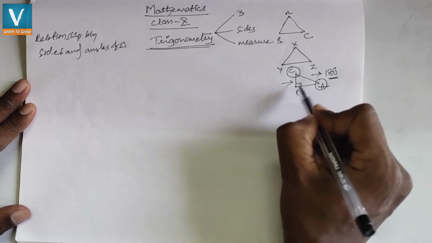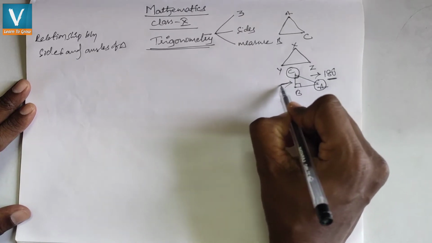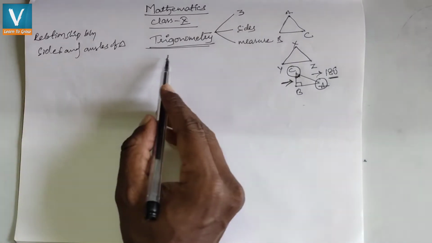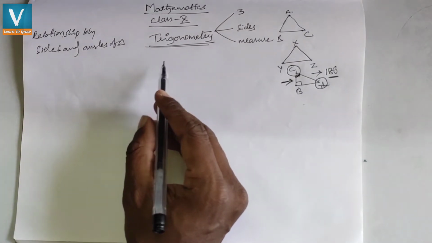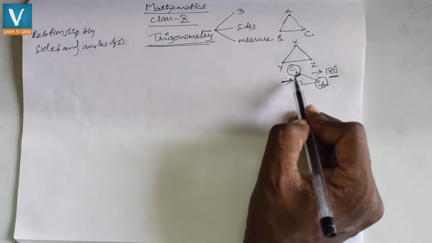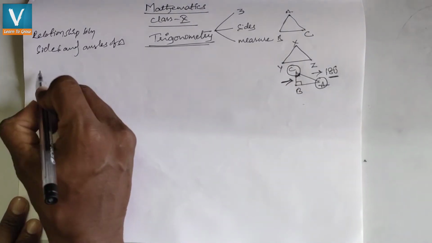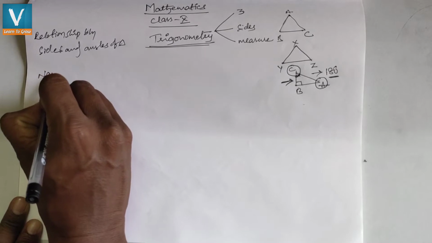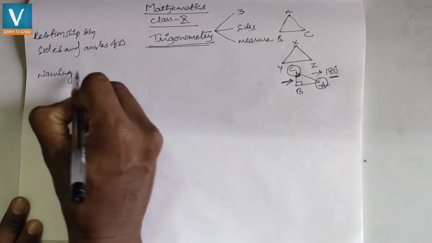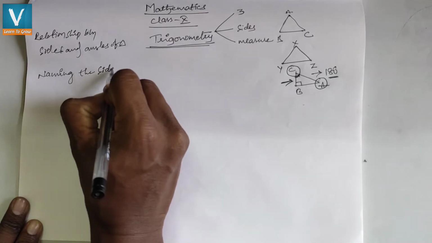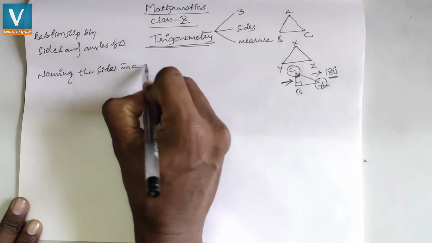The study of sides and angles of a triangle is what trigonometry is about. Okay, so for a right triangle we will indicate the sides. What I am writing here is naming the sides in a right triangle.